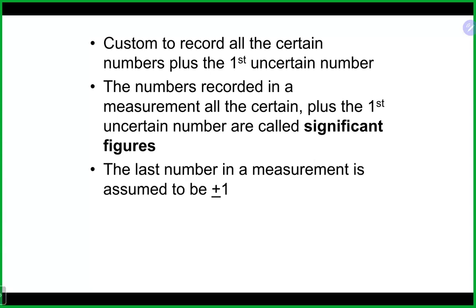Now, in the examples we looked at, the uncertain number or the estimated number has always been the last number that's written, and it is not always the case. But the uncertain number or the estimated digit should always be the last significant figure that is written. So the last significant figure is where the uncertainty lies, not always the last number that's written.